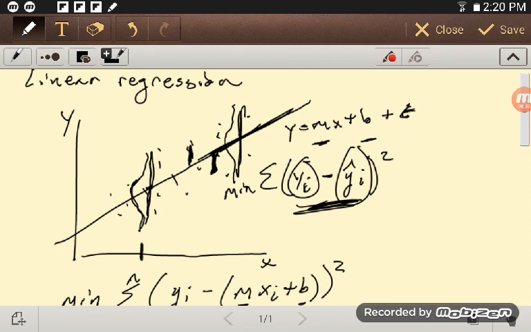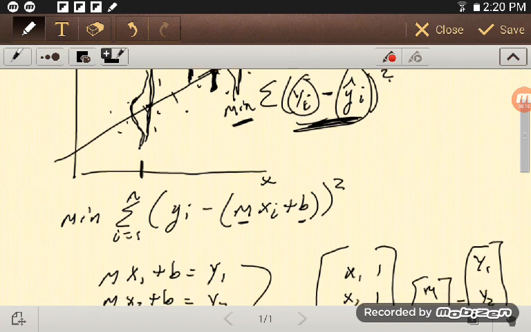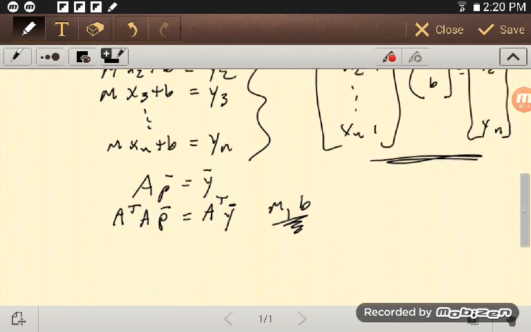How much do they deviate? We're going to square that and sum it up. We could use absolute value. Square turns out to be nicer, so we'll square each of those deviations, sum them up, and try to find the minimum. Okay. And again, that's all that the model fitting part is doing.